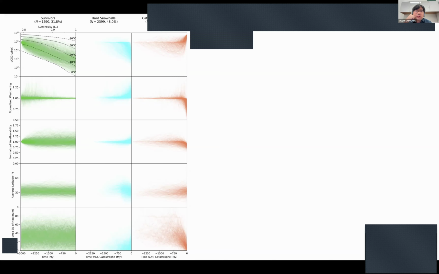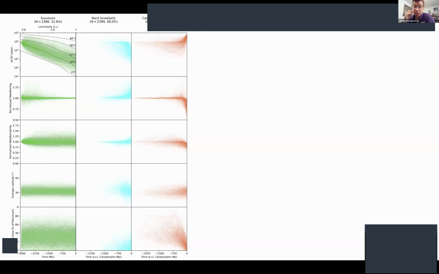Yes, a quick follow-up. How is the parameterization of the temperature dependence of the seafloor weathering done? Do we have a good empirical constraint on that? So I believe this paper used the same parameterization that I used in the first paper I talked about, the 2017 paper, that uses Cenozoic records to show changes in bottom water temperature and changes in oceanic crust carbon content, as well as empirical pH dependencies.